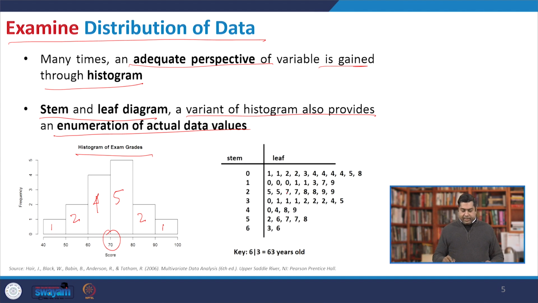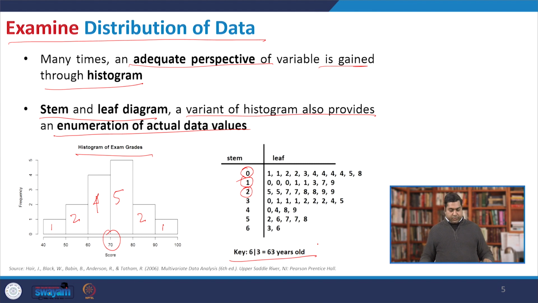In a stem and leaf, what you normally do is, here it is the number and it is determining the frequency, and this is the first digit of any value. Say for example this is something about age.